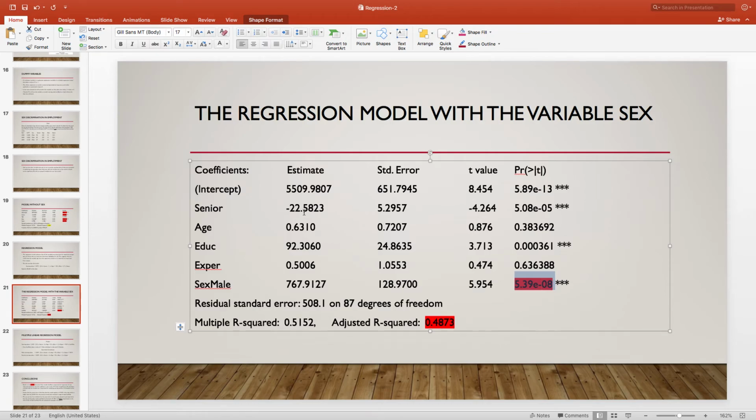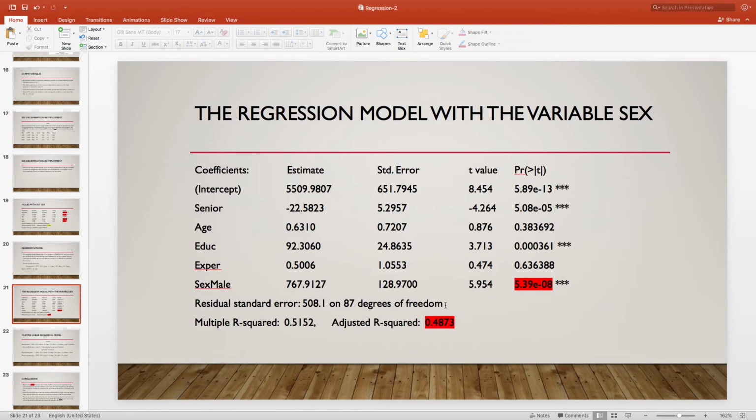All these other variables are accounted for, so this is a more precise analysis than just a t-test of two populations, because it accounts for their level of seniority, age, education, and experience, where a t-test does not. A t-test would just be comparing starting salary based on male or female.